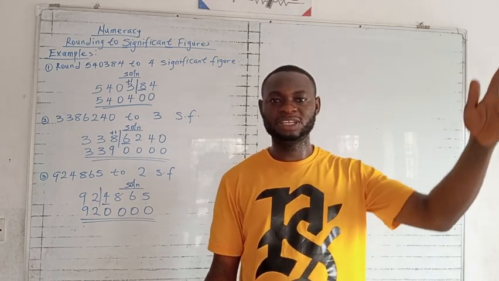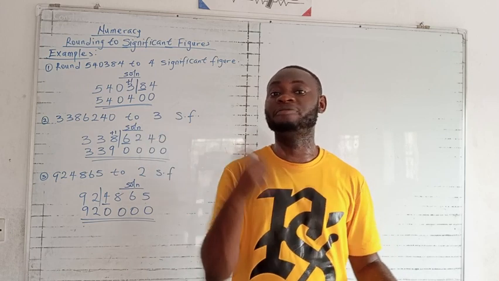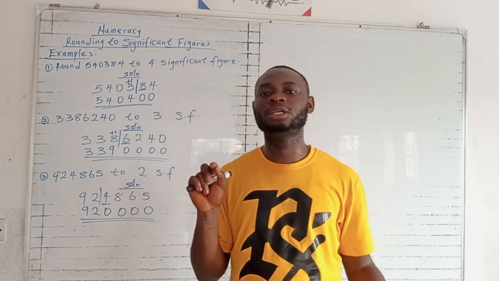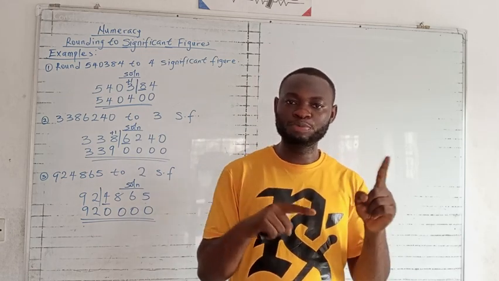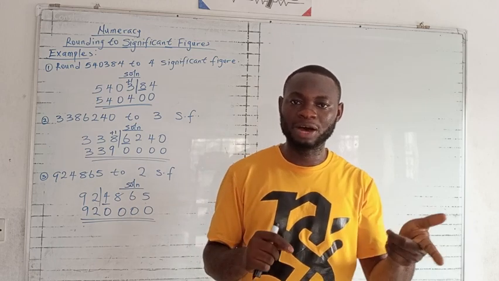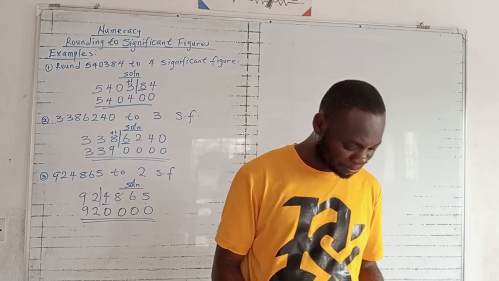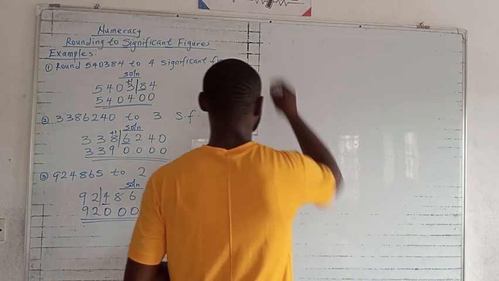Simply start from the highest place value and count the number of places or the number of significant figures required. Put your slash, consider the digit at the right hand side of the slash. If it is in group A, group B, you now round down or you round up. Alright? So let's look at other examples that involve decimal numbers.